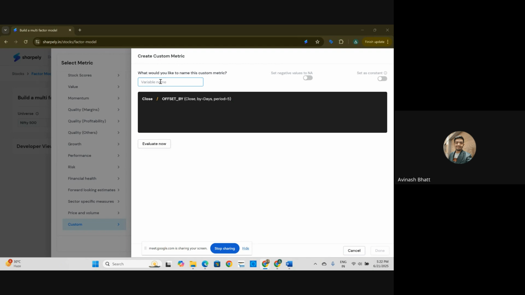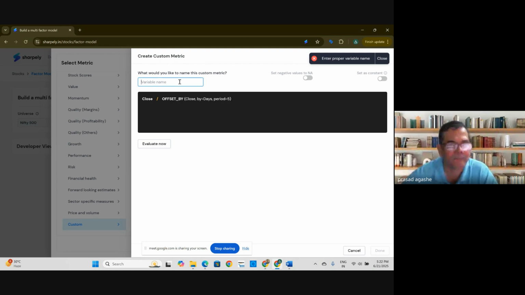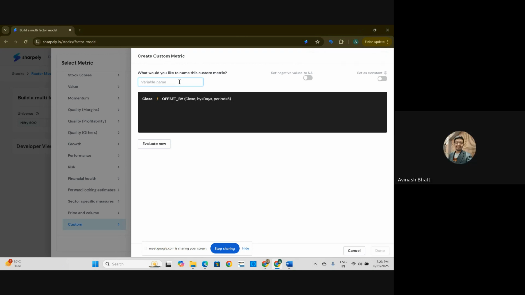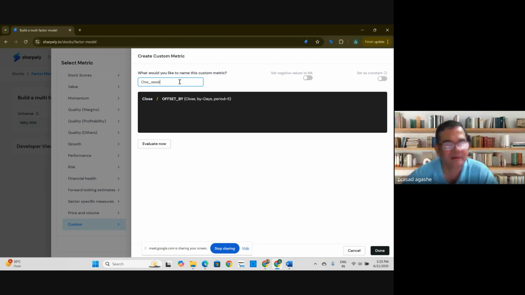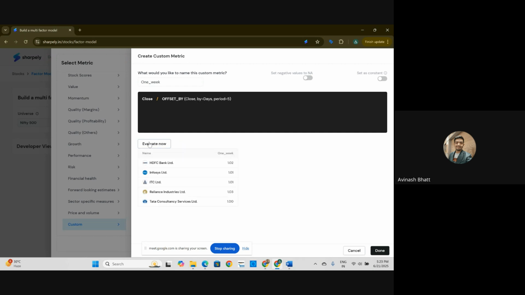हाँ, I'll just check this. तो मैं इसका नाम दे देता हूँ कुछ 5 days return. 1 week. Okay. Then I can check on evaluate now. So 1.01, 1.02. Okay.